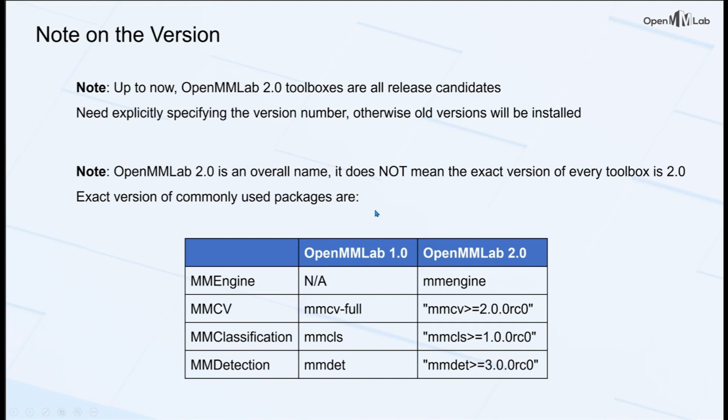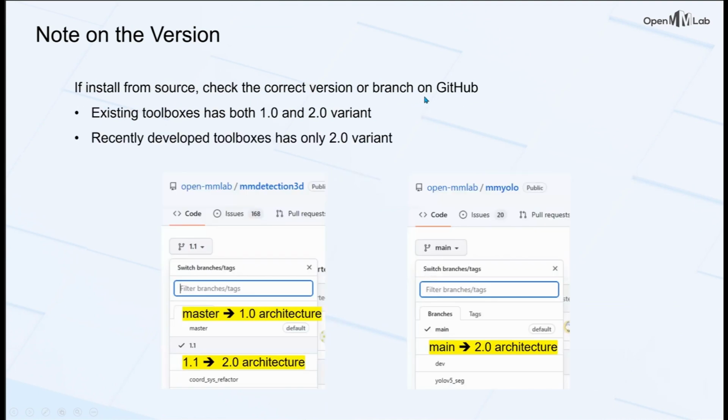If you install from the source, you can check the version number from GitHub. Usually a master branch indicates the old version, and the following one indicates the new version. And for some recently developed toolboxes, there is only the main branch, which indicates the new version. Okay, so this is the installation part.